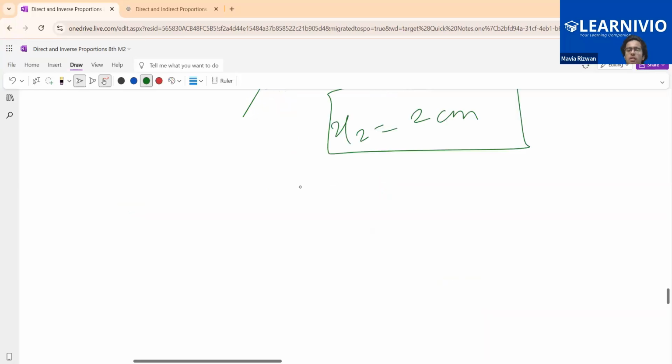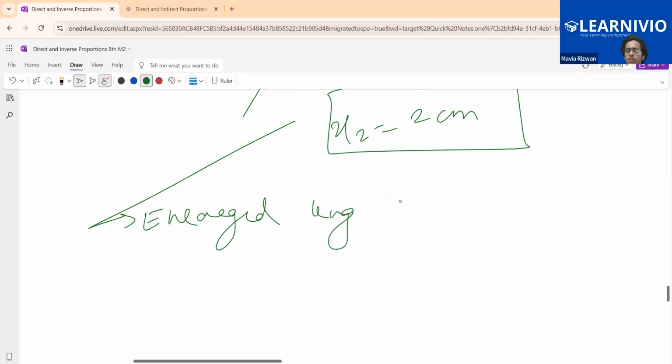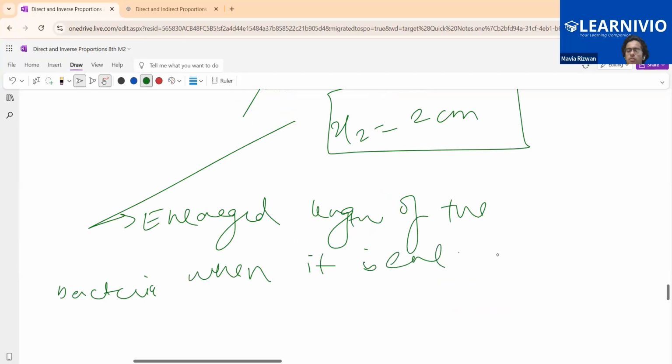This is the enlarged length of the bacteria when it is enlarged 20,000 times. I hope this is clear to all of you.